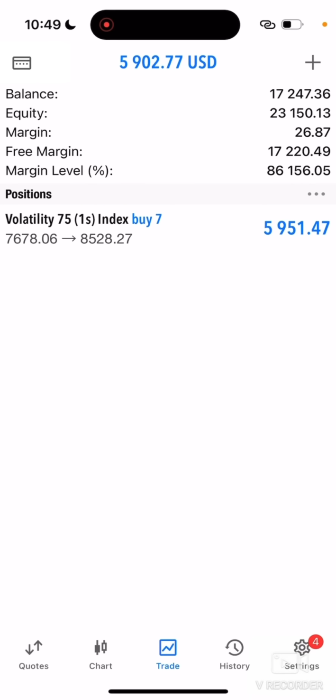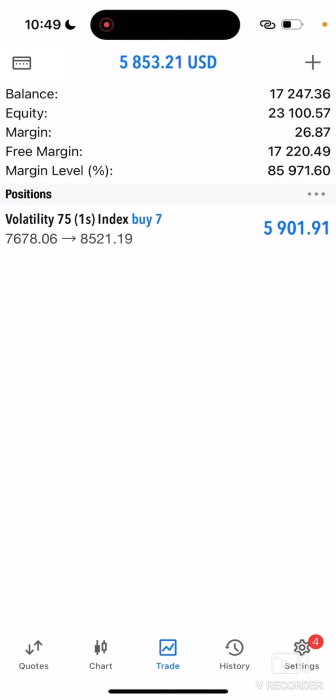Currently, I have this buy trade running and I've been holding it for the past 4 days. I started this account from $500. I grew it to over 6K. I withdrew 4K.